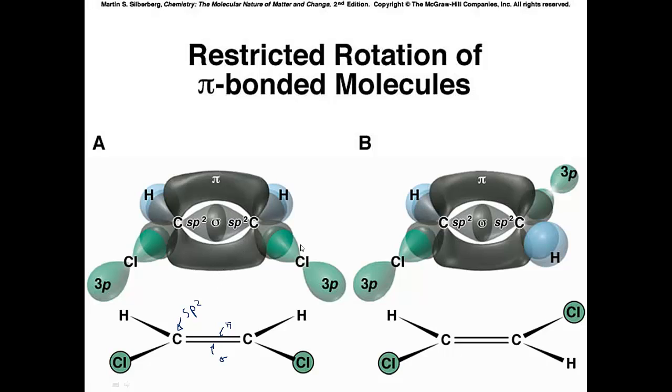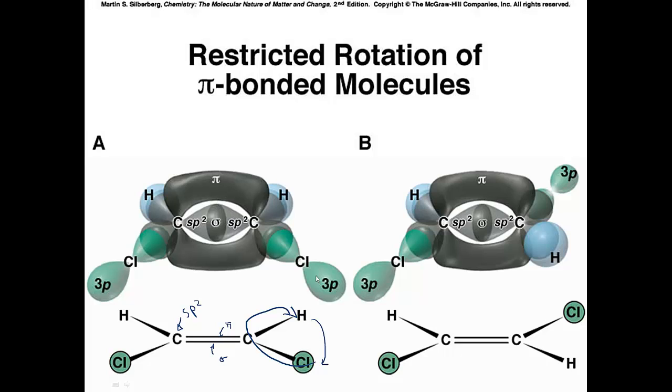So if we could move this group and spin this end like a propeller, we could move this chlorine in the place of this hydrogen, and this hydrogen would then spin down and take the place of this chlorine. So imagine this little V shape right here spinning around like the blades of a propeller. Well, in order to do that, you see what has to happen. So the sigma bond right here doesn't really care, because if I were to spin these 2 lobes inside each other, they still overlap exactly the same.